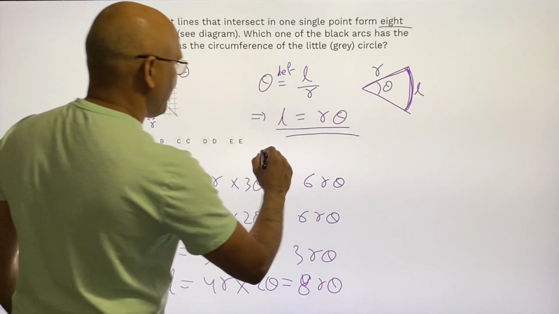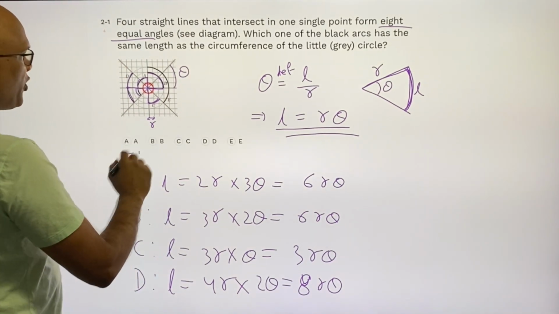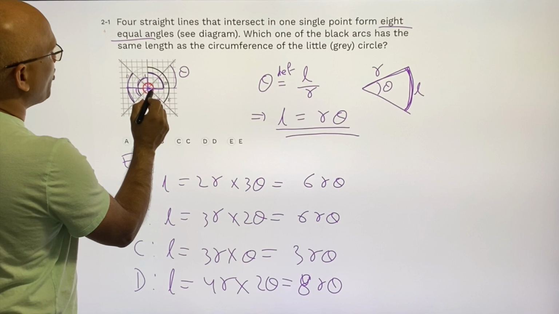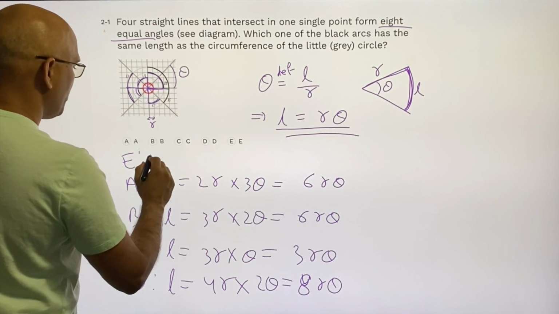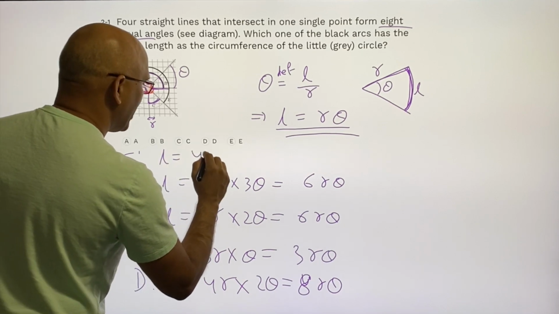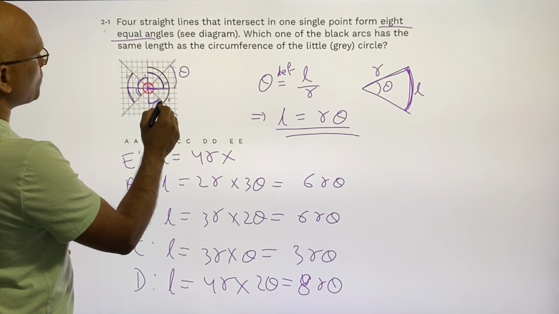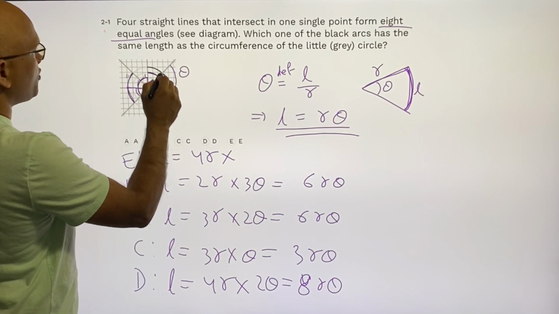Then let me check E. I'm going to write E here. The radius is going to be 1, 2, 3, 4. L is equal to 4R times theta, and this is 1, 2, 3.